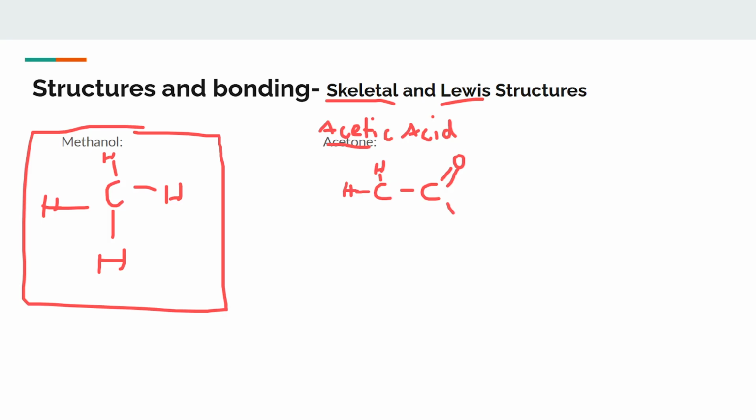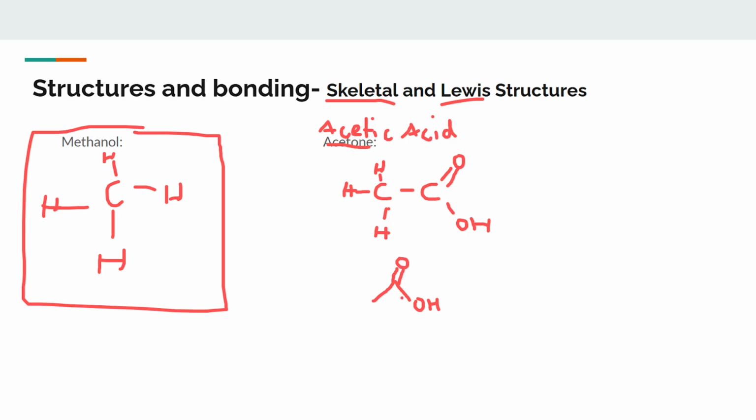That would look something like this, with an O and an H out here. Now what this would look like is we start here, we go up, we go down, O, H, this is double bonded to an O.